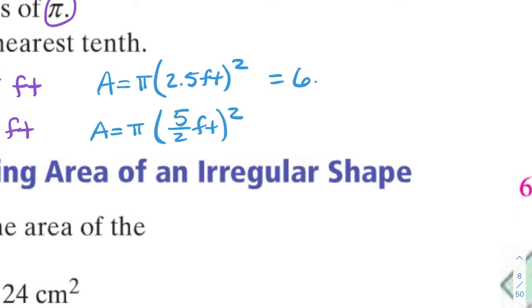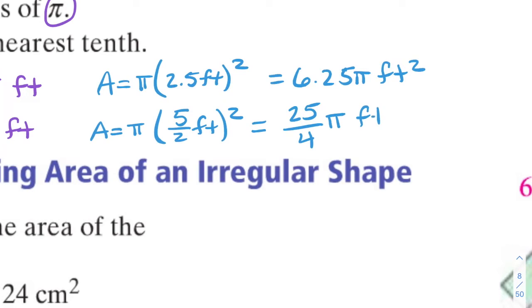So that's 6.25 pi feet squared. But if I do this fraction, it leaves it as 5 times 5 is 25, 2 times 2 is 4, so 25 pi over 4 feet squared.